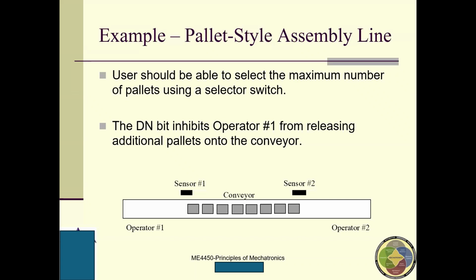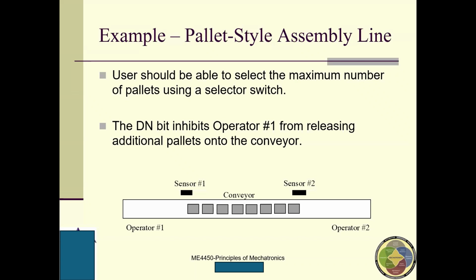For the first requirement, we count a certain number of pellets there, and we can use a counter down and a counter up, to make sure that between sensor 1 and sensor 2 we always have a certain number of pellets.